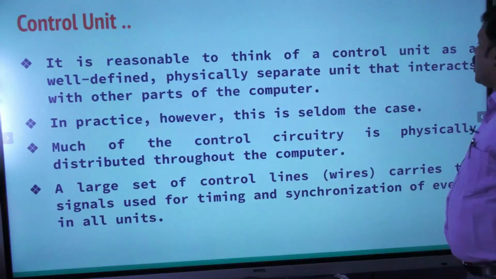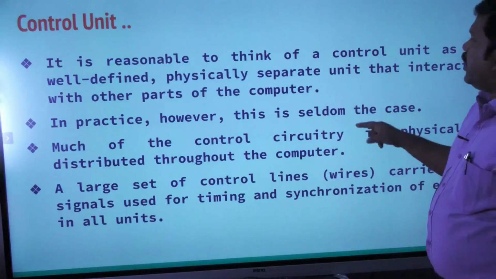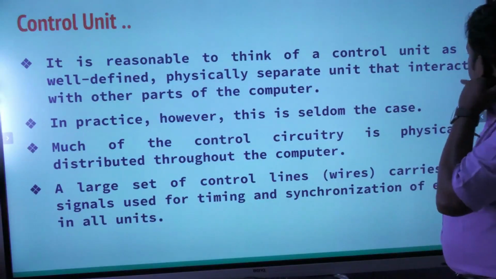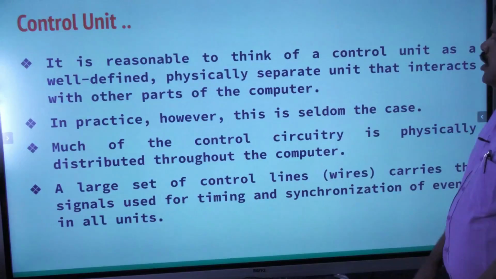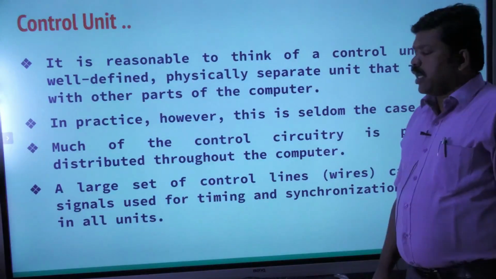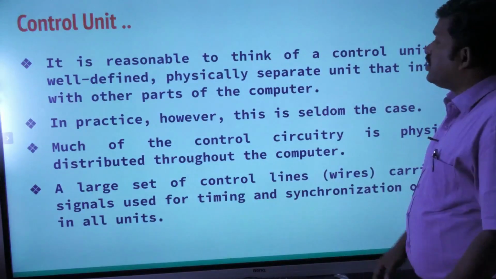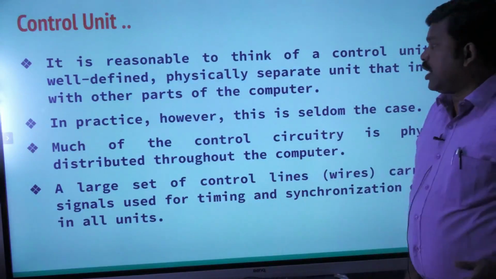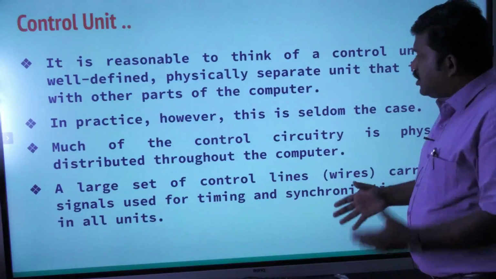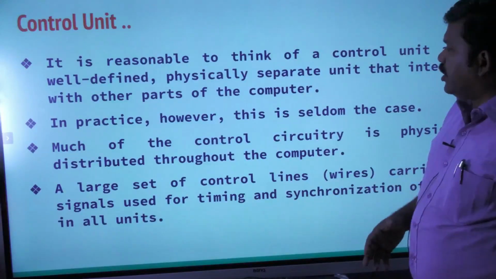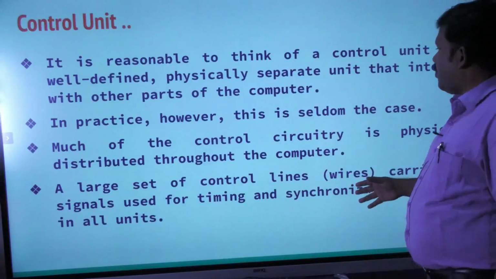It is reasonable to think of a control unit as a well-defined, physically separate unit that interacts with other parts of the computer, because normally the control signals are used to control various parts of the devices or peripheral devices attached: buses, memory, input devices, output devices, other peripherals.